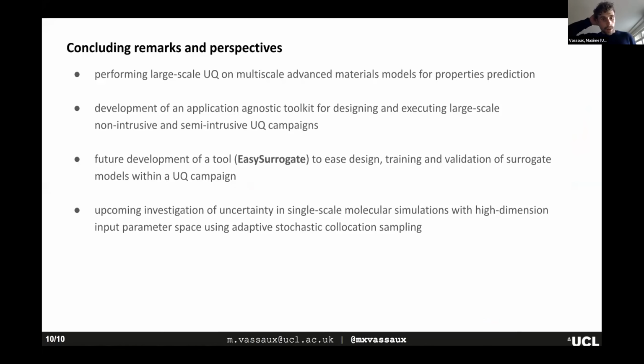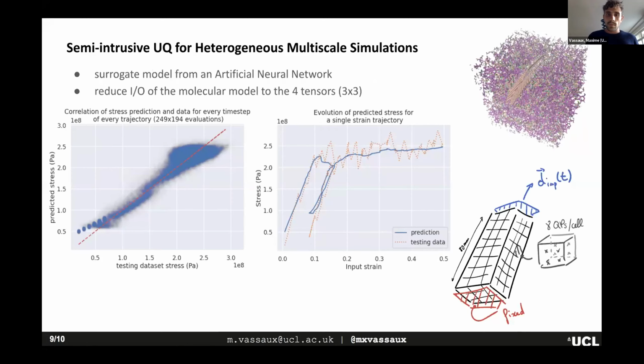Then, what's coming up next is that we know that the surrogate model works in the cases where we've generated the training data, in one of the sample configurations.